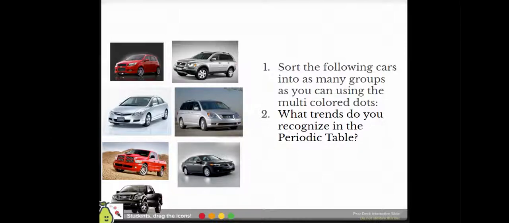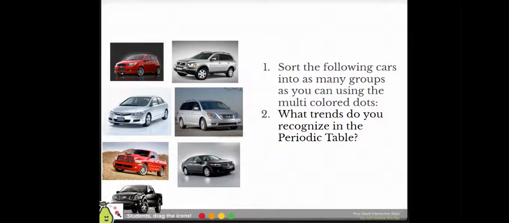Great. So now we're going to look at a periodic table. If you don't have one of your own, you can go to Google and pull up a periodic table. What trends do you recognize in the periodic table just by looking at it?